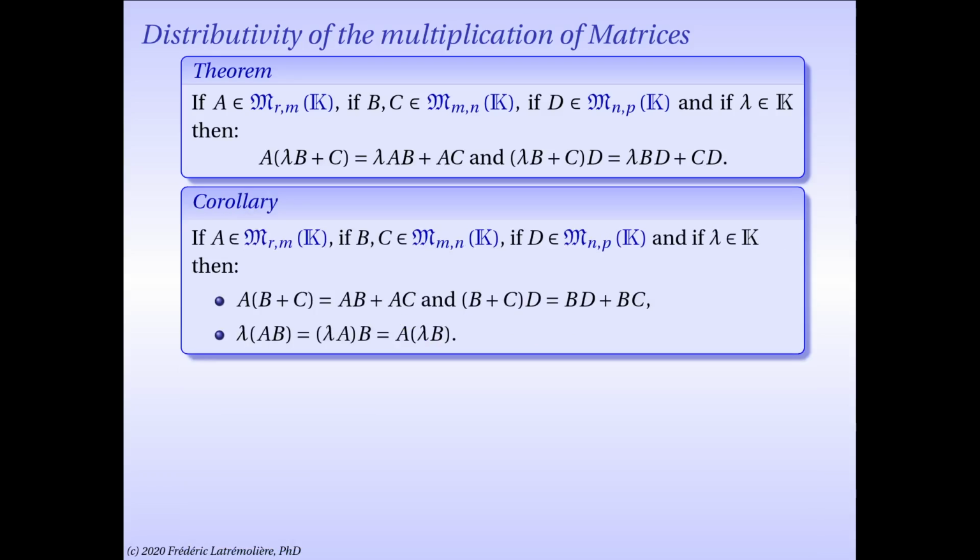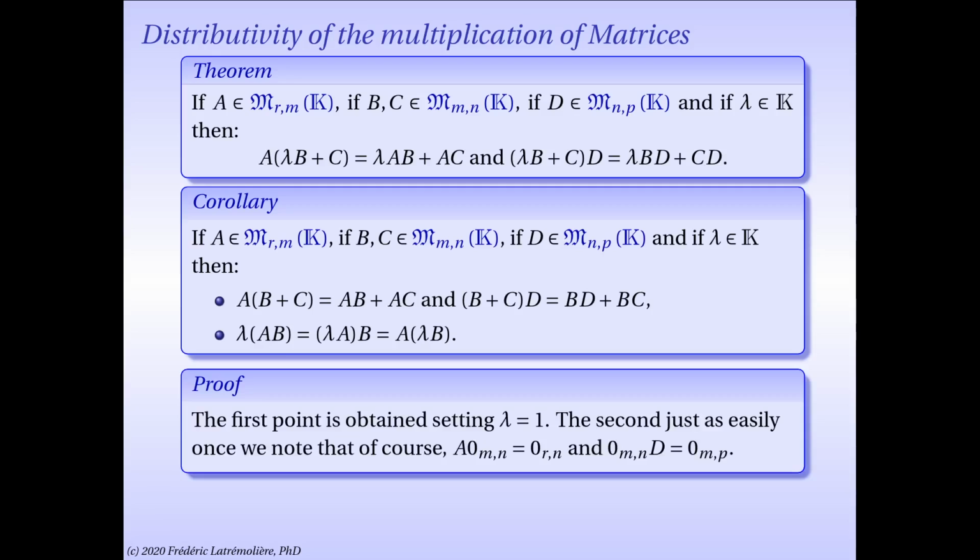As a simple corollary, which we just state for the record, we note that we have proven two algebraic properties. One relates the matrix multiplication with the addition of matrices. This property is indeed called distributivity. The second relates the matrix multiplication with a scalar multiplication, and it states that these two different multiplications commute with each other.